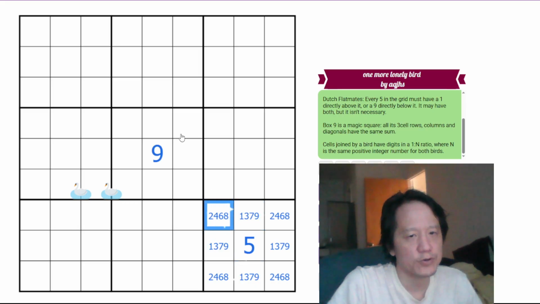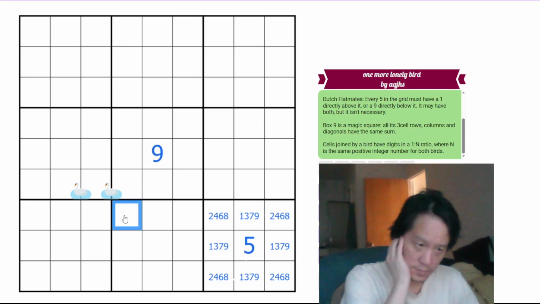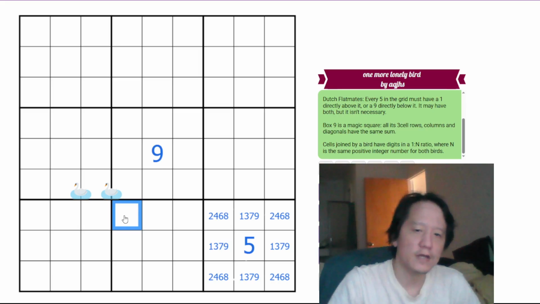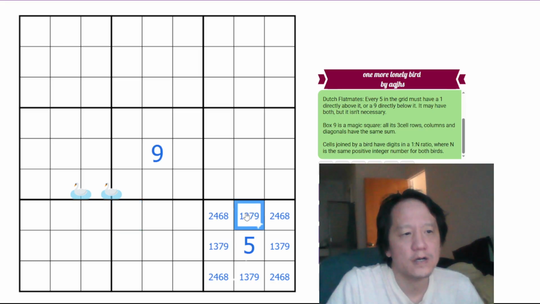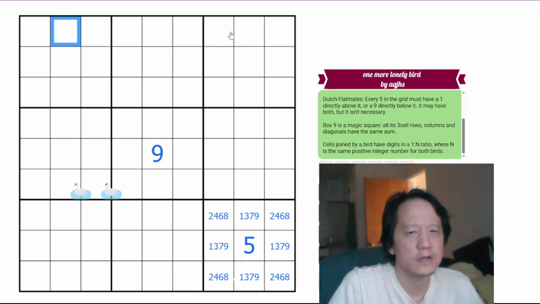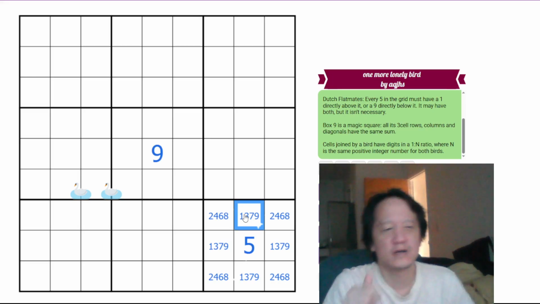In the upper left corner, 9 can be in 2, 4, 6, and 8. In the upper central cell of a box, 9 can be in 1, 3, 7, or 9. So that's possible.